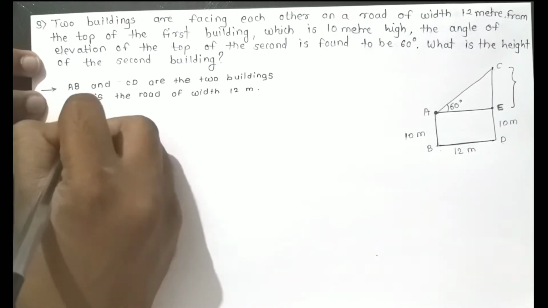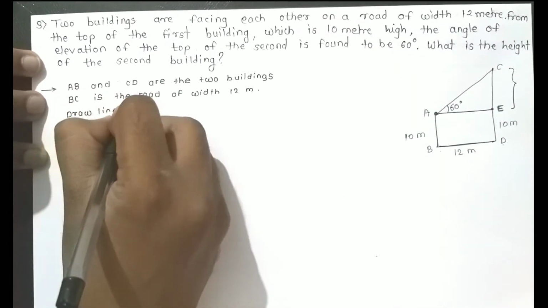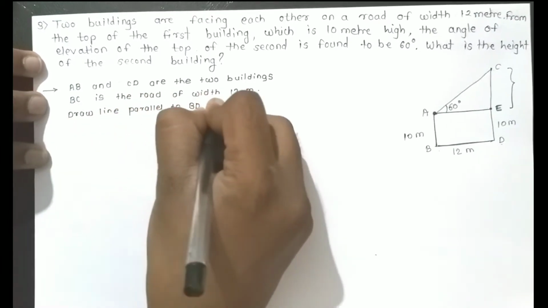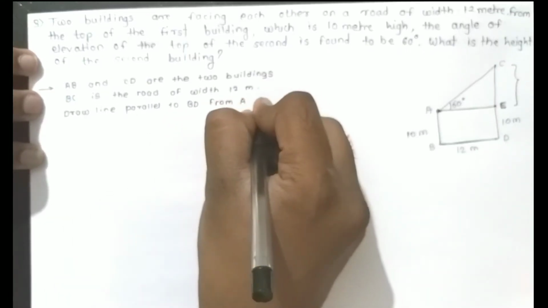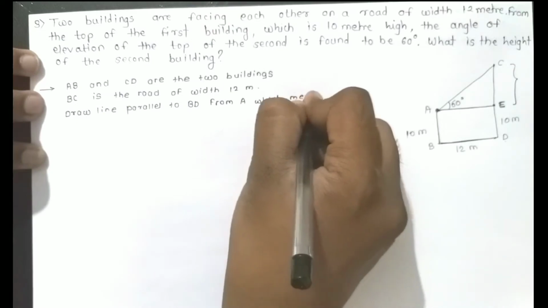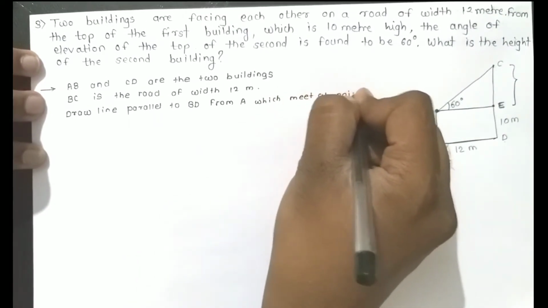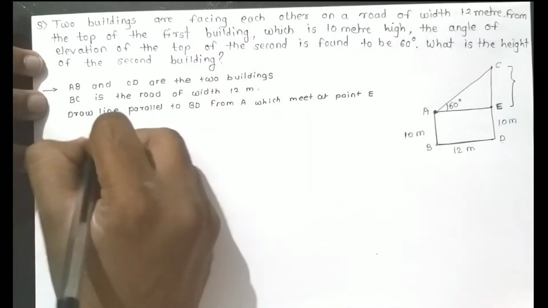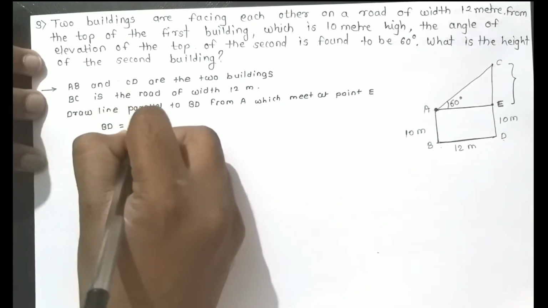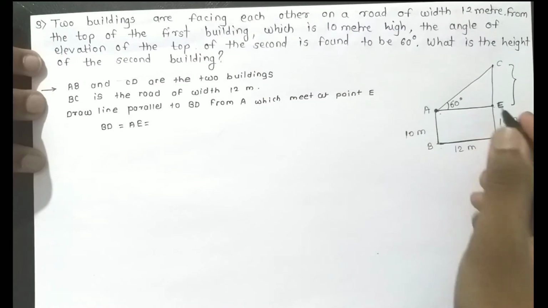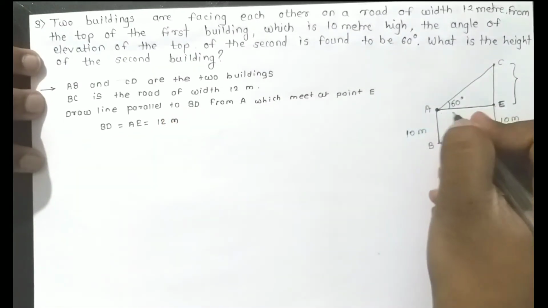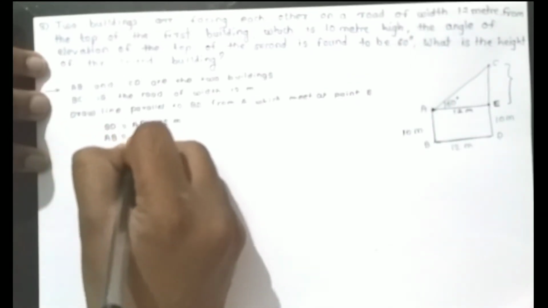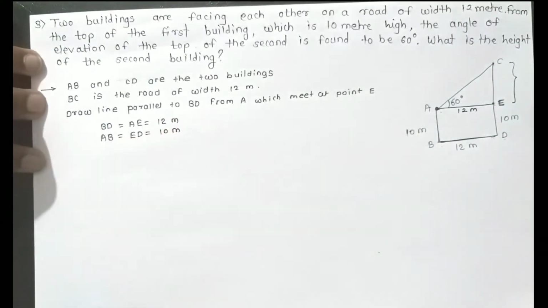Then draw line parallel to BD from A, which meets at point E. So BD is equal to AE, 12 meter, and AB is equal to ED is equal to 10 meter.